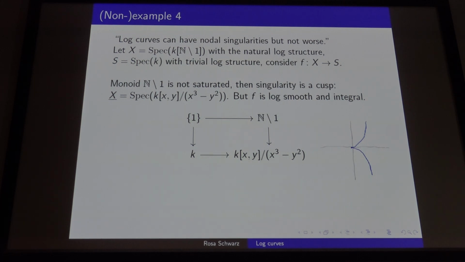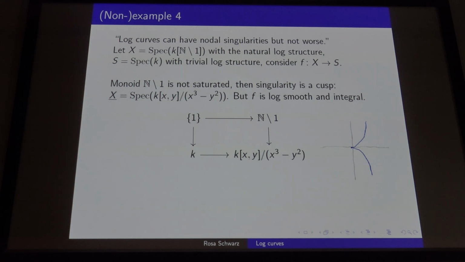So this is an example where the map will be log smooth, which you can see, as Martin said: the map of monoids is from the trivial monoid to N without 1. The kernel and the torsion part of the cokernel of the groupification of this map are finite groups with invertible order.